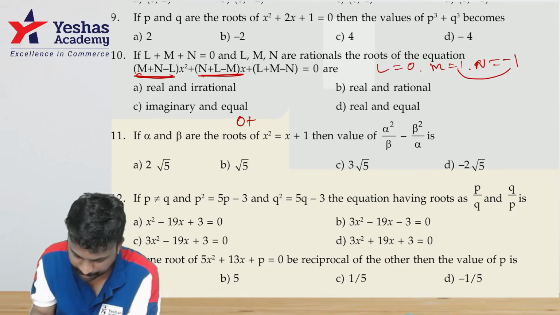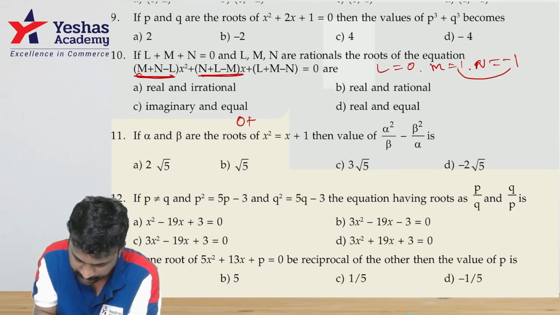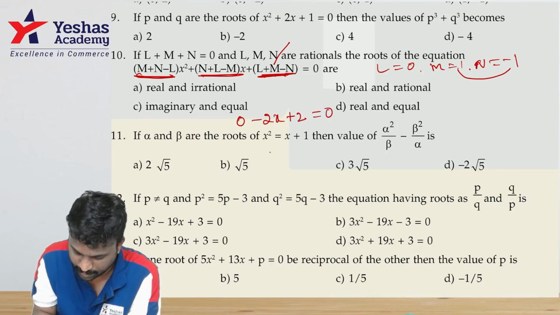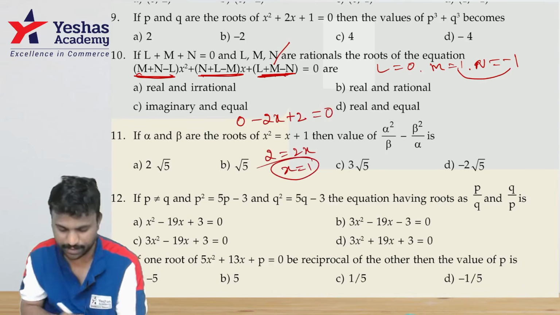N is minus 1 and M is 1, so minus 1 minus 1 is minus 2. So it becomes minus 2x. And L plus M minus N: M is plus 1, minus of minus 1 becomes plus 1, so it is 2. So 2 equal to 2x, so x is equal to 1.